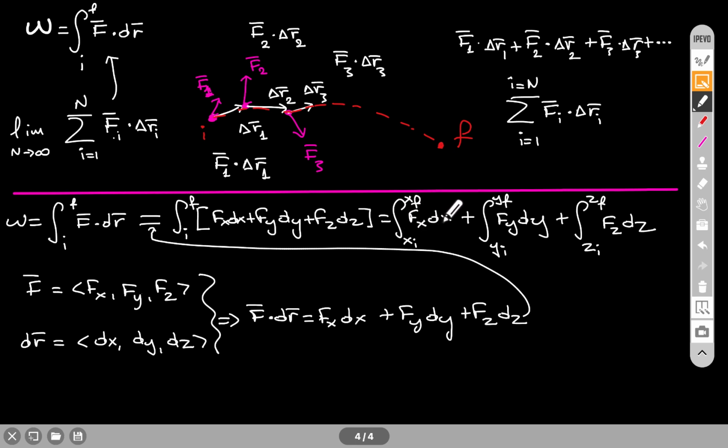Now, one more comment. So this is a sum of three integrals. I want to make a connection with something else. If you happen to have a graph, let's say this is Fx and this is x, and you have the graph of what the force looks like.